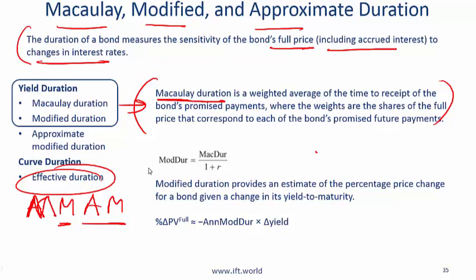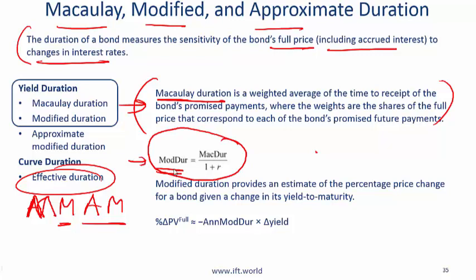Then from Macaulay duration we can come up with something called modified duration. Modified duration is equal to Macaulay duration over 1 plus R. And this is something that you must learn. So this is easy to remember. Macaulay is the weighted average of the cash flows.